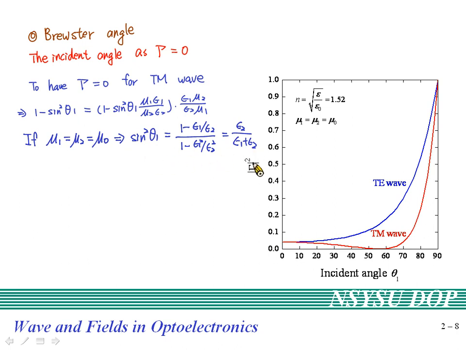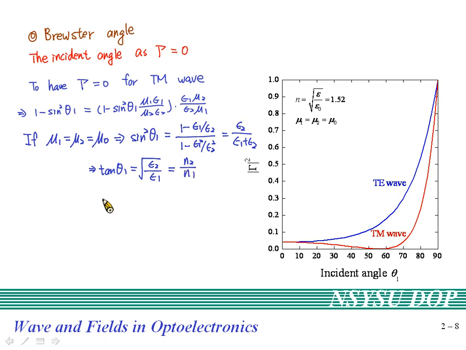Then we will have tangent theta 1 expressed as the square root of epsilon 2 over epsilon 1. And we know that the square root of epsilon is in proportion to the material index. So this can also be written as N2 over N1.